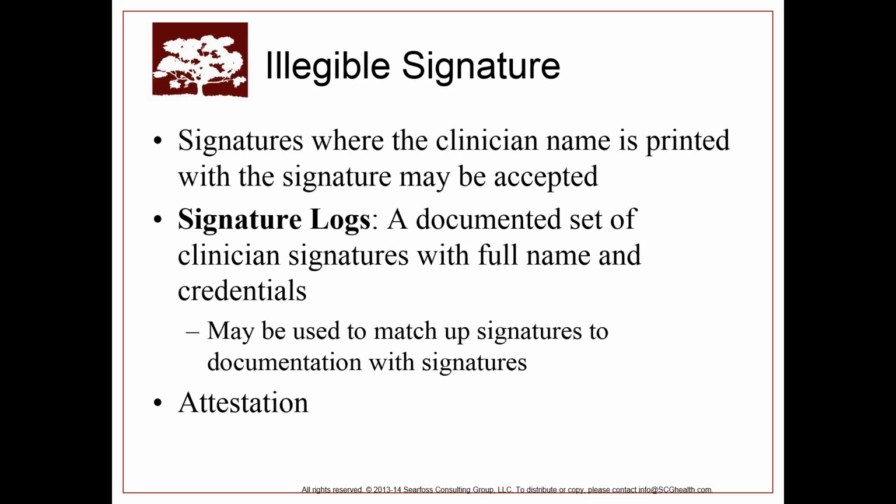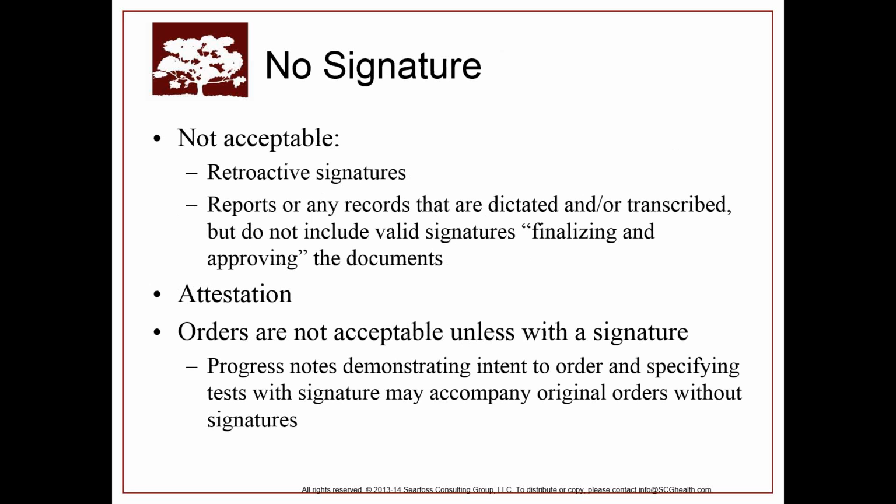Or you can use a signature log, which is a documented set of all of the clinicians' signatures with their full names and credentials, and then you use that to match it back. Personally, on all of my documents, including superbills, I put the name of the practitioner at the bottom with the date information, and they can go ahead and sign. I am going to talk a little more about attestation, so we're going to come back to that one.